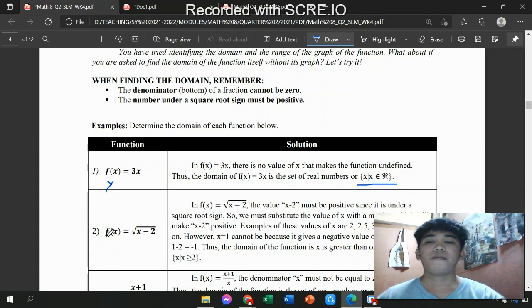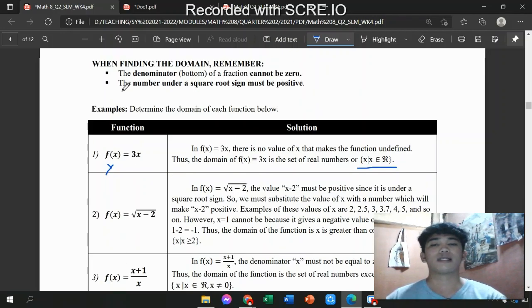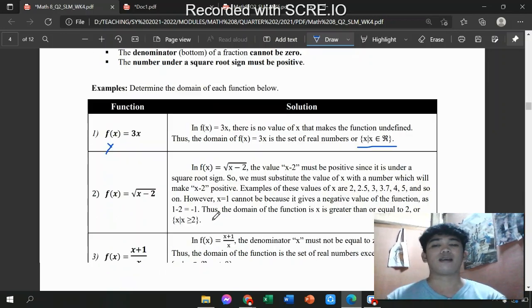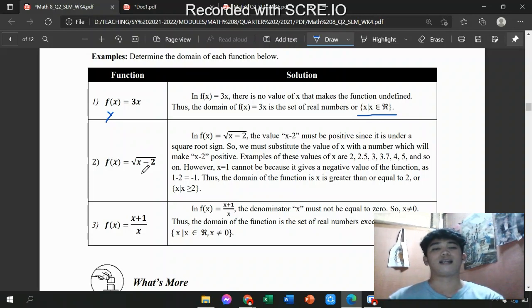How about number 2? F of x equals square root of x minus 2. So again, kung naay square root sign, the number under a square root sign must be positive. So kailangan, kung inig-substitute na to sa x, kailangan ang answer is positive, dili negative.